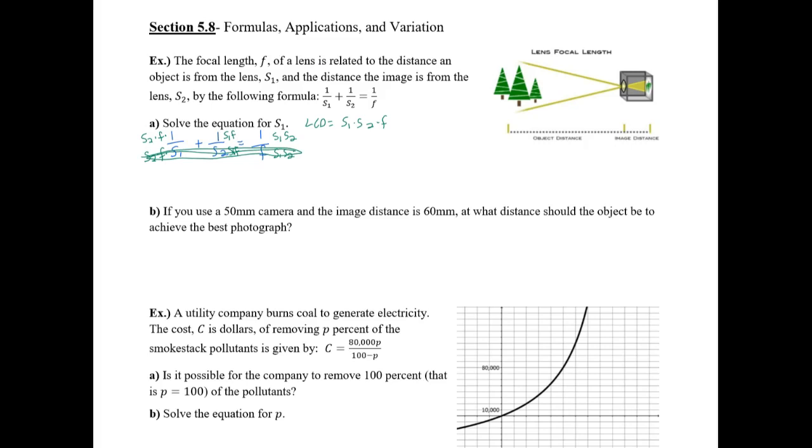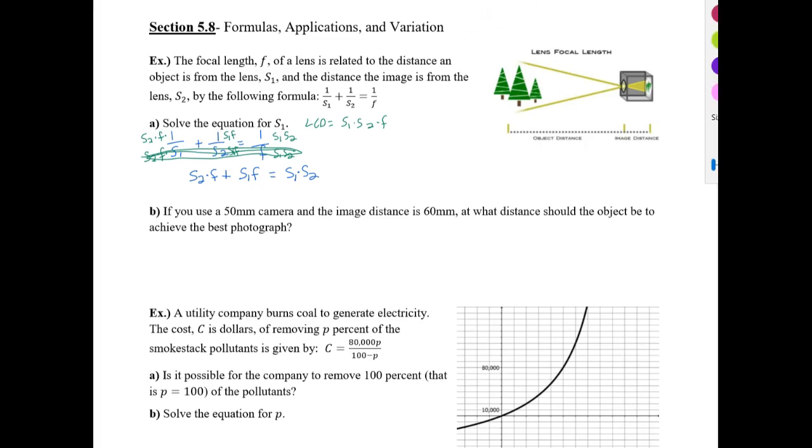Now let's look at what's left in the numerators. S2 times F times 1 is just S2 times F. And 1 times S1 times F is S1 times F. And 1 times S1, S2 is S1, S2. Now, I want to solve for S1, which means I need all my S1s on the same side.